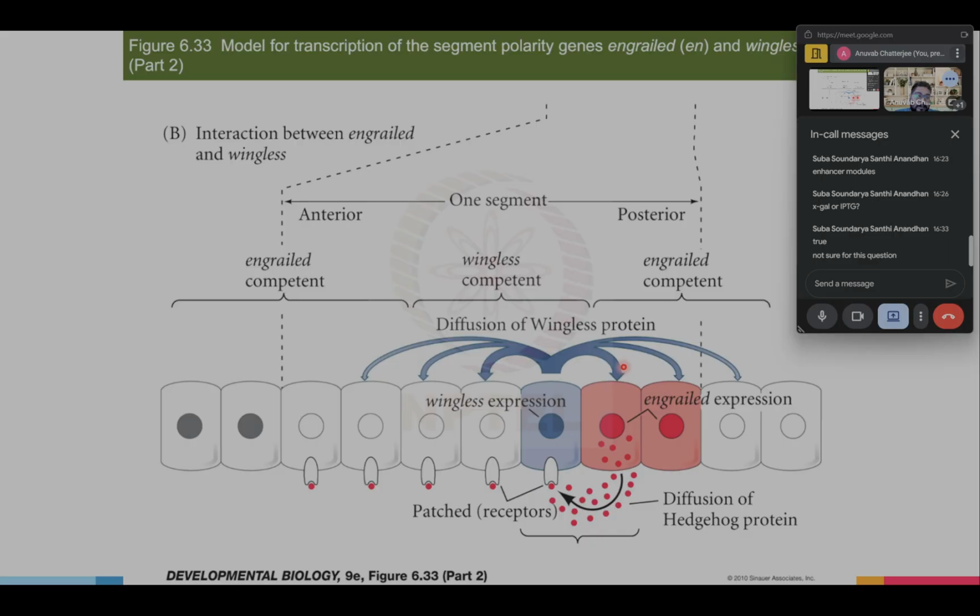When it goes to an engrailed expressing cell, it asks it to produce more and more hedgehog. So this feedback loop determines that the cell at the posterior end will only express wingless, and the cell at the anterior end will only express engrailed, and these in turn cause morphogenesis in the entire segment. That is why those segment polarity genes are so important. So this is what it shows here.